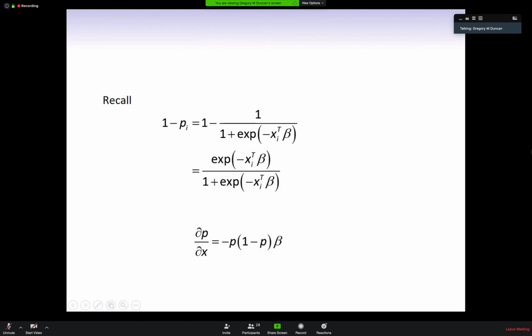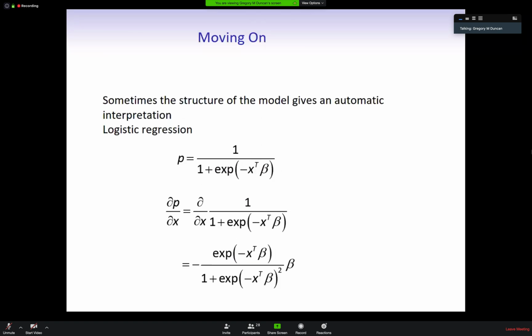And now I want to go back to the previous page. Notice we have here an exp x beta minus x beta over exp 1 plus exp, and this should be in parentheses.